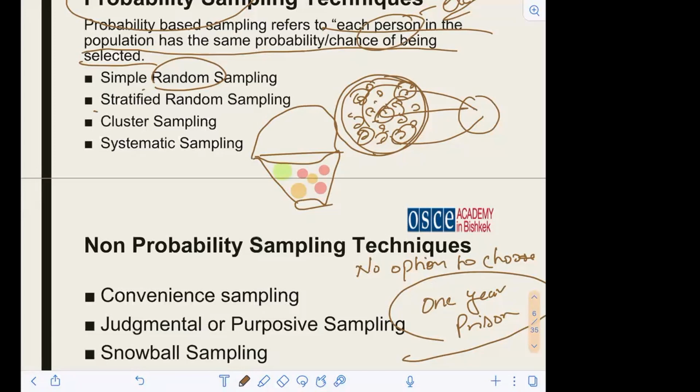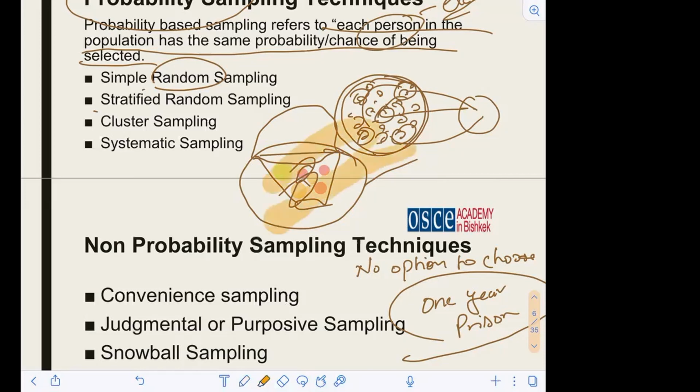And what is the probability of red being selected? Or pink or yellow? You have one chance. So the answer would be that all of them have equal chances to get selected, because you have options. And this is called random selection, simple random selection.